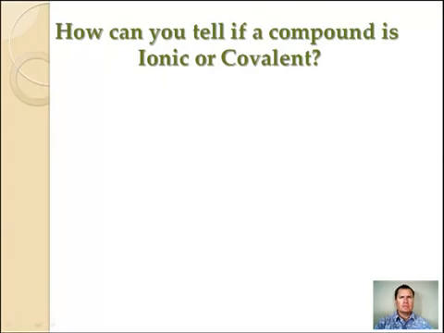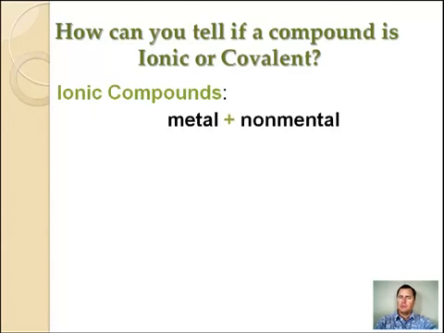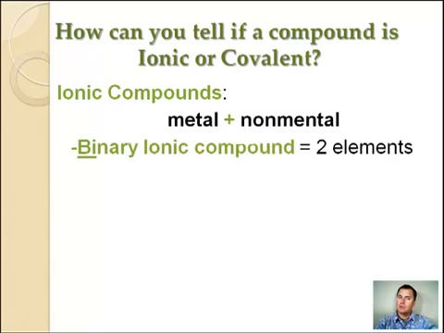So how do I know if something's going to be an ionic bond or covalent bond? Well, it depends on where the atoms come from. What groups in the periodic table do they come from? So ionic compounds are going to be between a metal on the left-hand side and a non-metal on the right-hand side. When I say right-hand side, I'm talking of that metalloid, that diagonal line. Okay. And what we're going to start talking about today is binary ionic compounds.